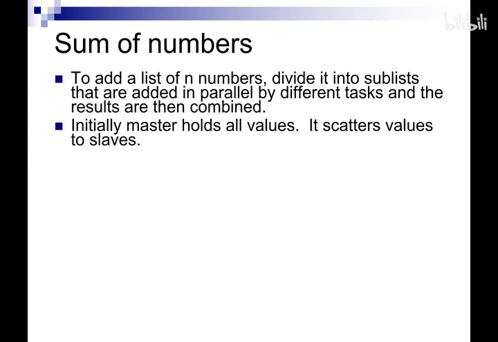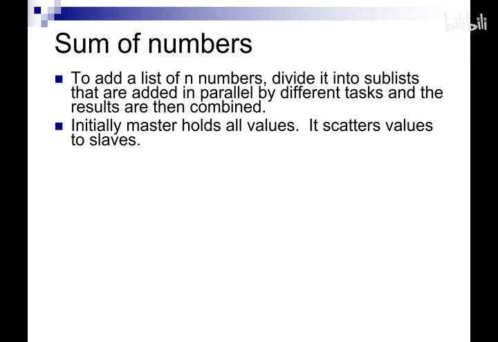Okay, we're going to start with simple data partitioning, and the first example is that we're going to add a list of n numbers. Initially the list is sitting on just one processor, and it wants to get a bunch of parallel processors to help add this list.